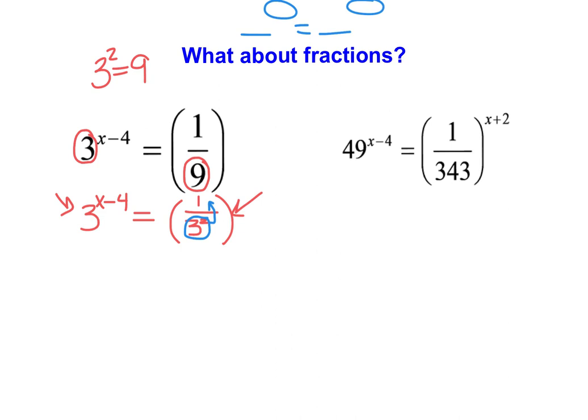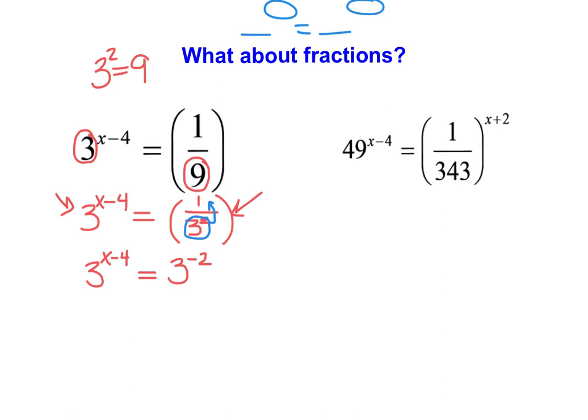And remember that when this happens, when we move it to the opposite side of the fraction, the sign of the exponent changes. So on the left-hand side, we're left with 3 to the power of x minus 4. And on the right-hand side, because we're moving this 3 squared up into the numerator, we actually get 3 to the power of negative 2.